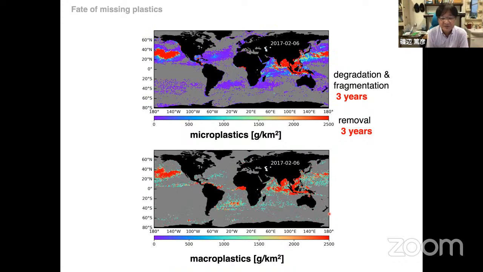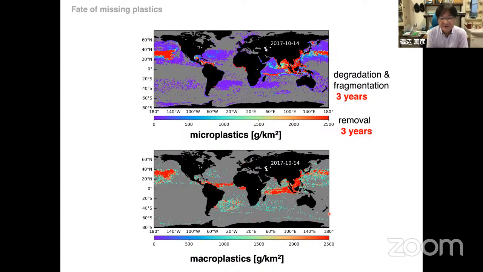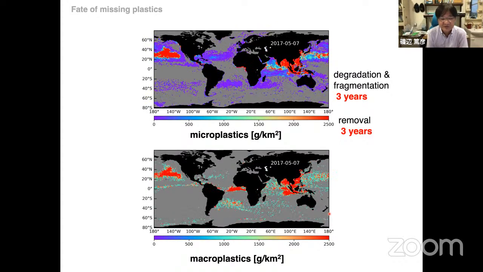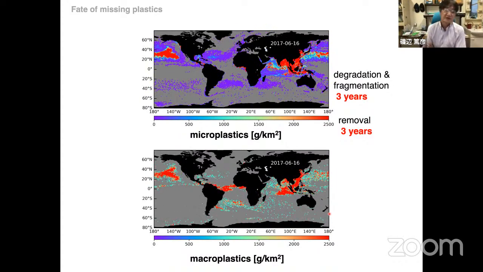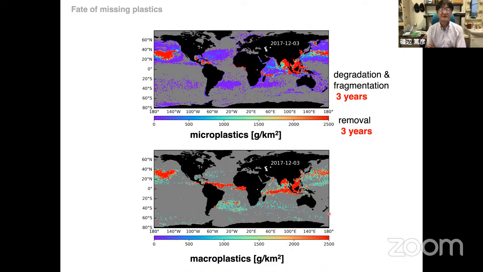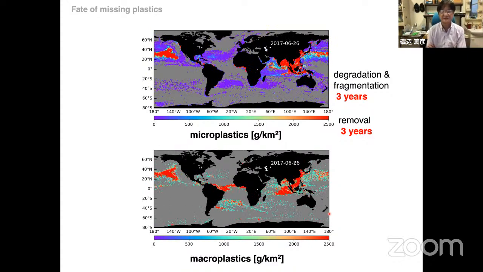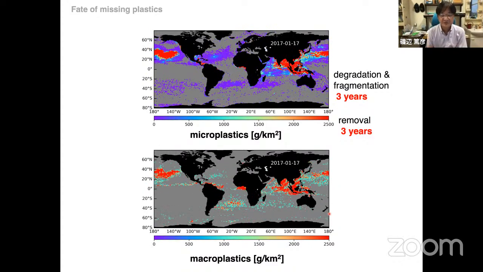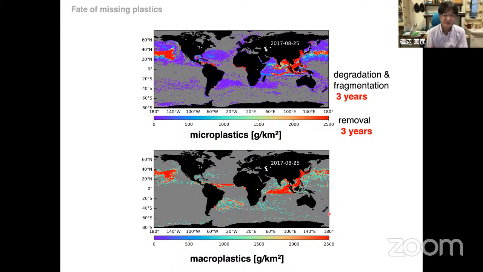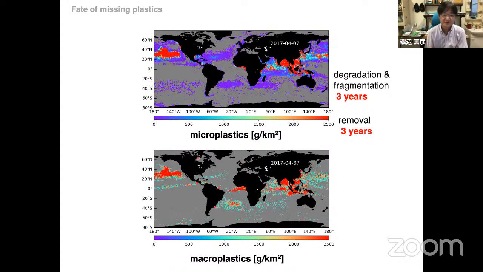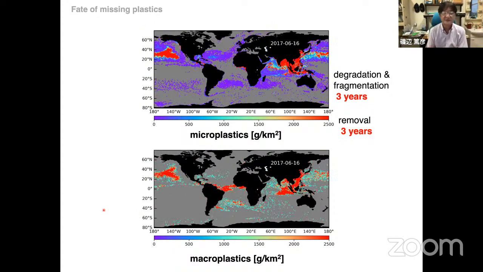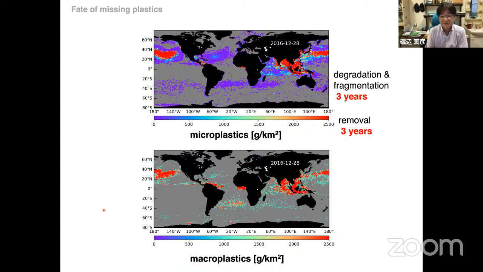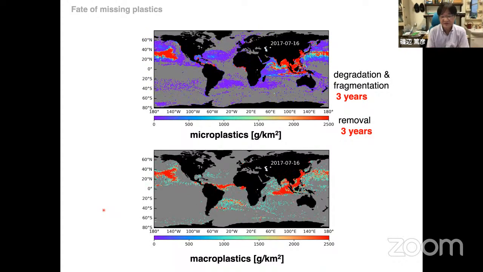You can find that both macro and microplastic are very, very dense in the Asian area because plastic release of river are very huge in these areas. And a huge amount of the macroplastic moves from Africa to South America, also found in the lower panels.